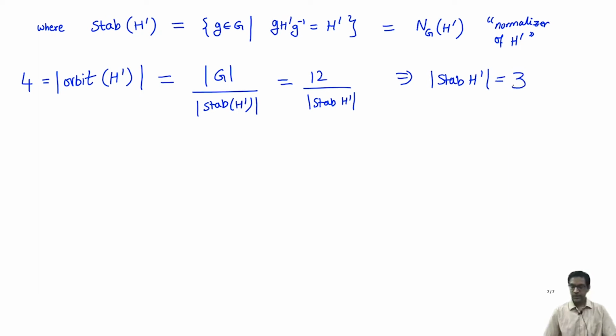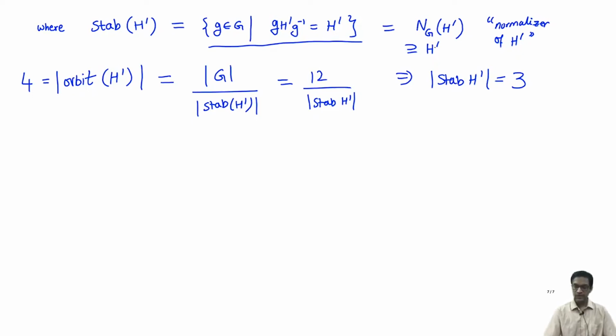But here's the important observation. From the definition, the stabilizer is all those elements which, when you conjugate H prime, give you back H prime. This certainly contains H prime, because if I take g to be an element of H prime and conjugate by g, the answer will lie again in H prime. So the normalizer of a subgroup certainly contains the subgroup itself.